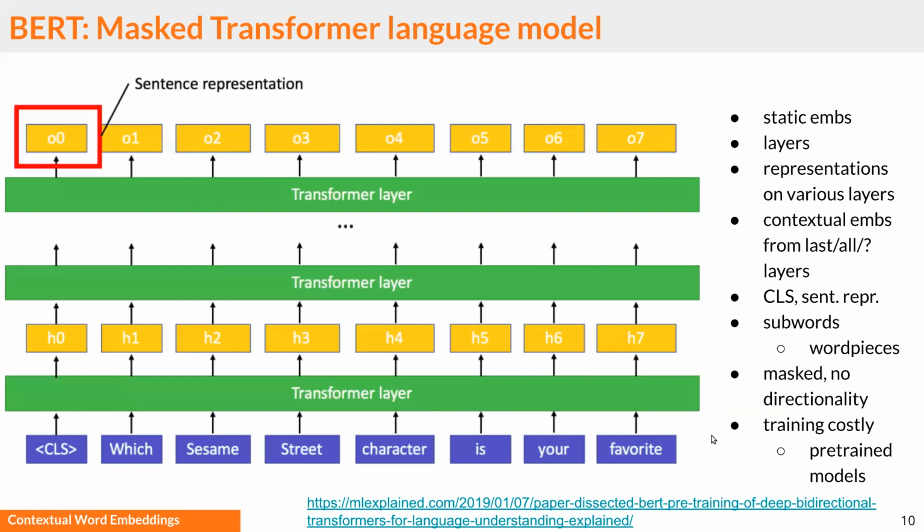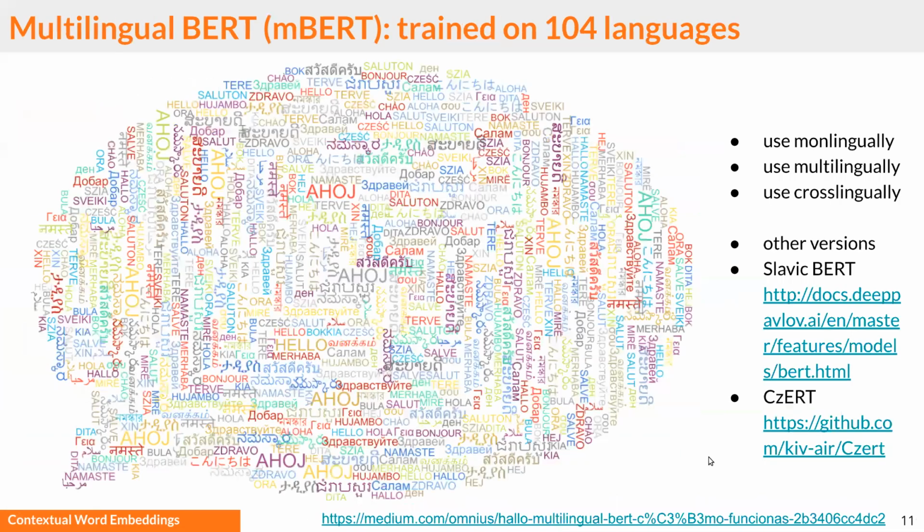So it does not have these directionality issues, so it shouldn't have trouble with languages with weird word order. But as I said, it's costly to train, so usually you just download pre-trained models.